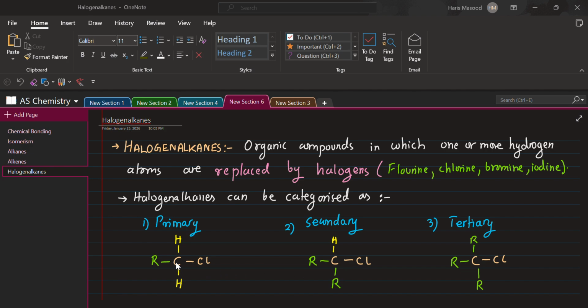If that carbon has two hydrogens attached to it, and R means the alkyl chain, that is the rest of the carbon chain, you always have to look for the number of hydrogens on that carbon. So if it has two hydrogens, then you would consider it a primary halogenoalkane. If it has one hydrogen, then it will be a secondary, and if it has no hydrogens, then it will be a tertiary.